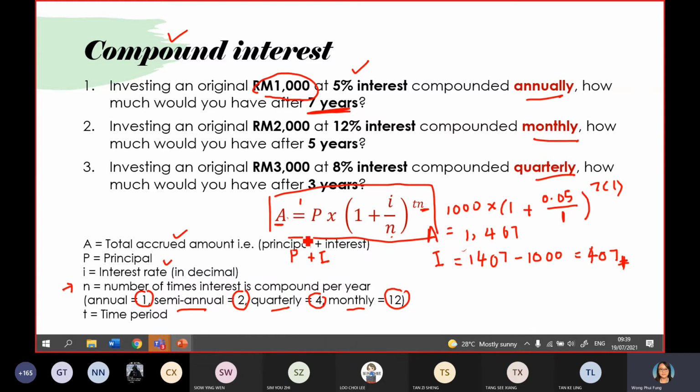A is the principal plus interest, so it's 1407. If I ask what interest you are going to get, you use the amount here minus your original investment, 1000. So you get 407. Okay, so this is the first method to calculate the interest. Your interest is 407.